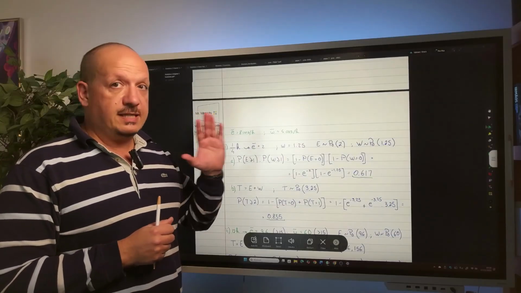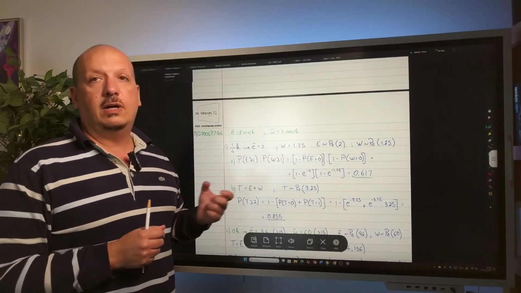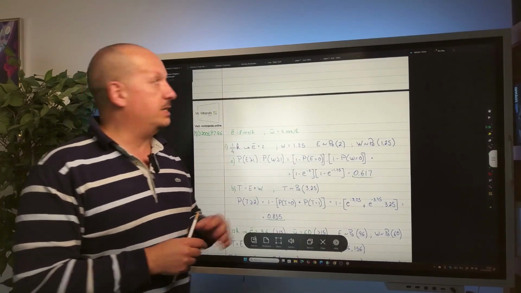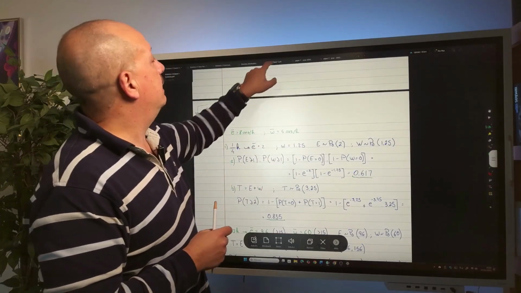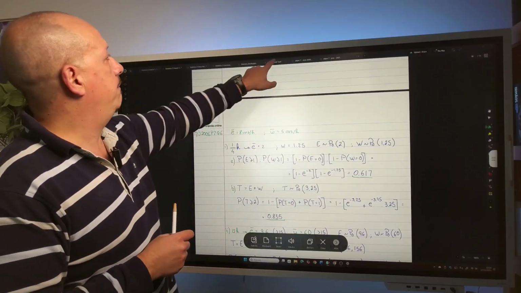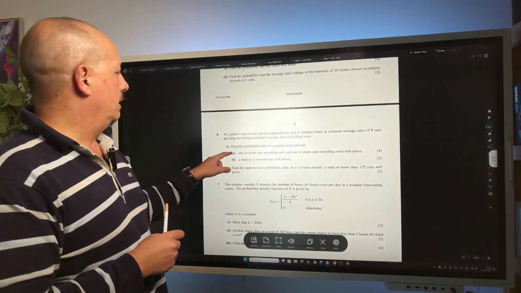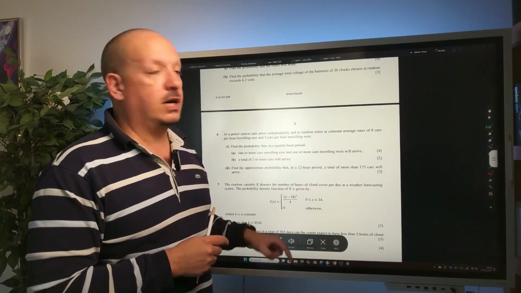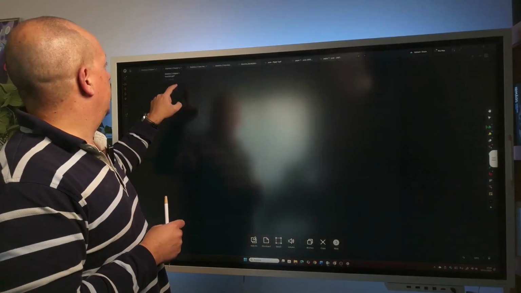These are the parameters that you are going to use to calculate the probability. What probability again? The probability that you have one or more cars traveling east and one or more cars traveling west.